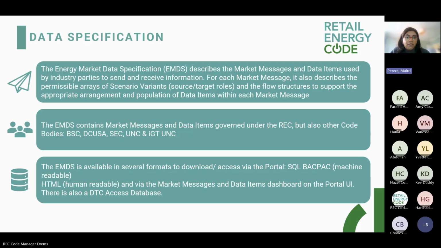So the first thing that we're going to have a look at is what is the Energy Market Data Specification. It's also known as EMDS, and this defines the market messages and data items used by industry parties to send and receive information. So for each market message, it also outlines permissible arrays of scenario variants, including the source and target roles, and the flow structure that ensures correct arrangement and population of data items within each market message.